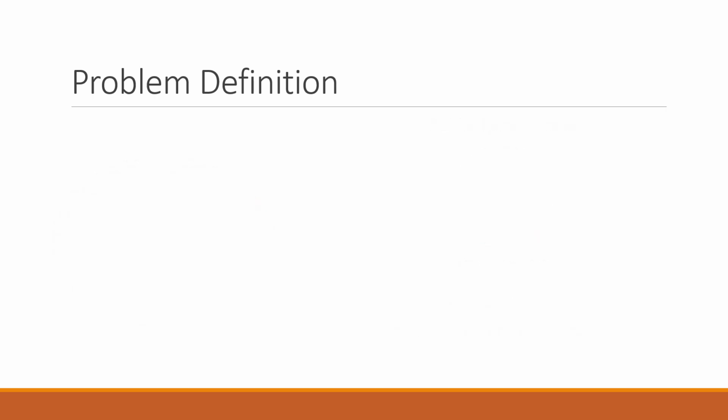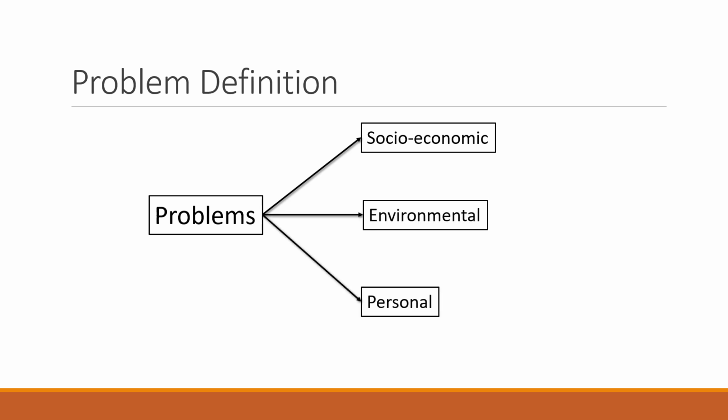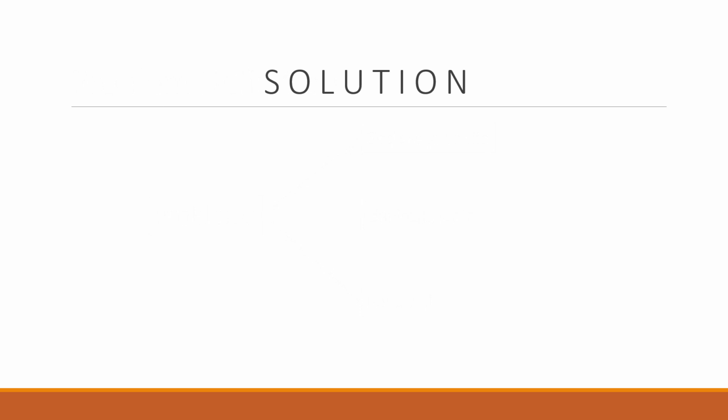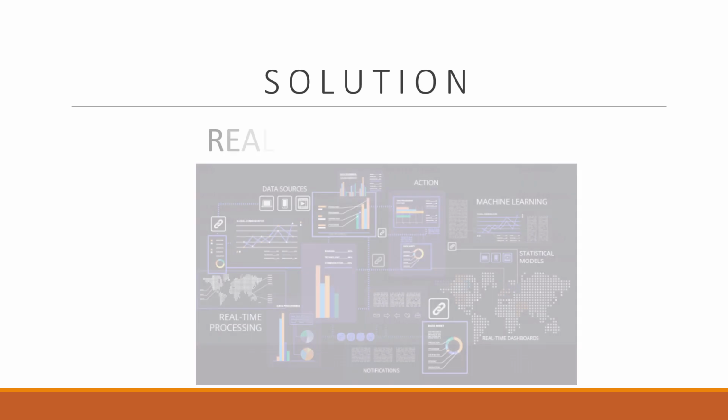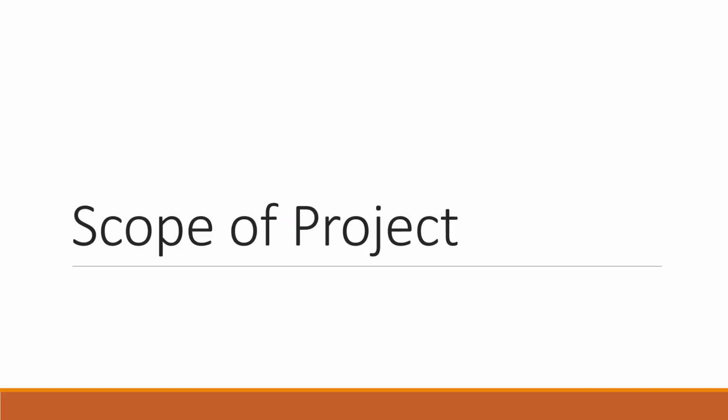And missing your bus and having to wait for the next one presents a number of problems, which can be grouped into three categories, namely socioeconomic problems, environmental problems, and personal problems. Therefore, to solve this problem, our team has decided that the best solution would be to provide real-time information to transit agencies about bus occupancies, which we will explain throughout today's presentation.